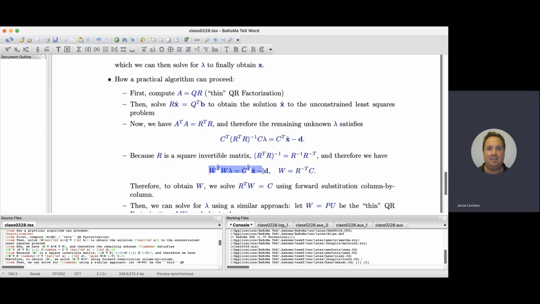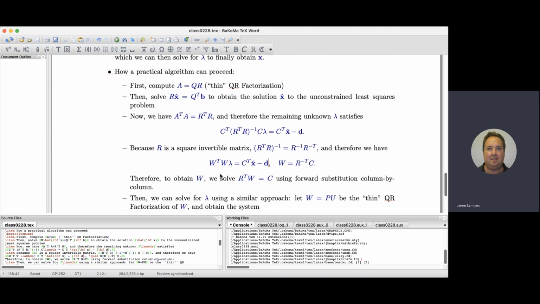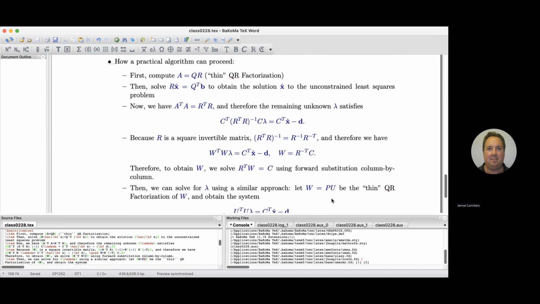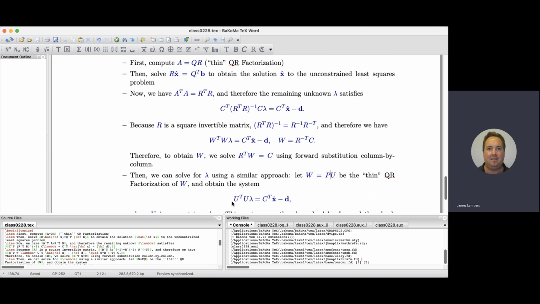Now, to solve this system once we have W, we still don't want to form W transpose W explicitly, because there's loss of information due to rounding error when you do that. But that's okay. What you can do is QR factorize W. Again, it's an economy size or thin QR factorization, and we have this system as a result that's equivalent to this one.